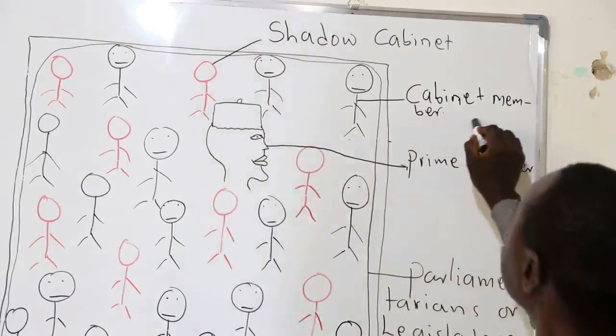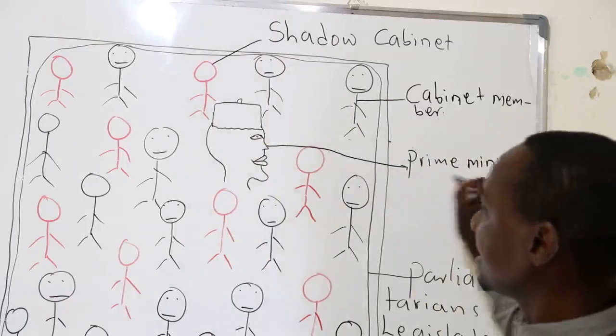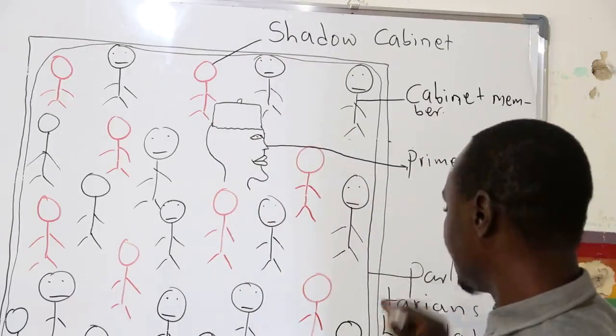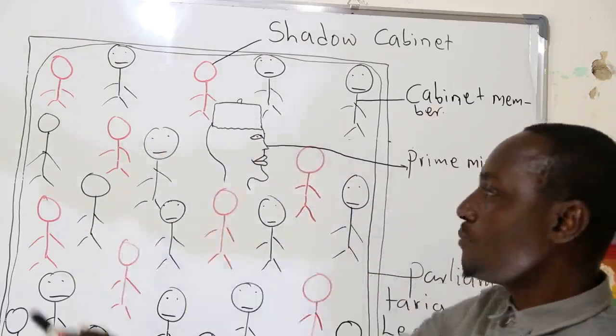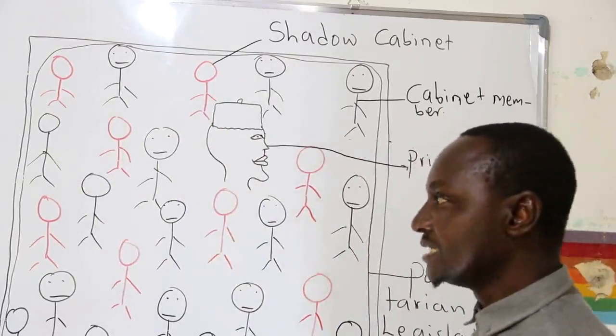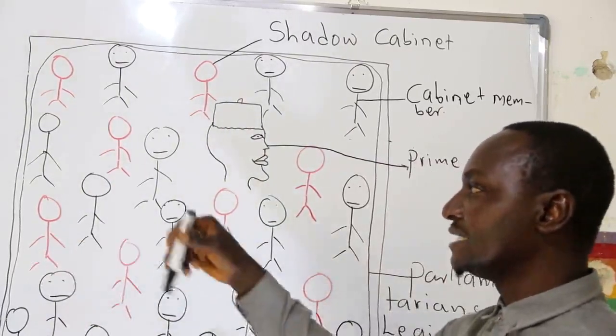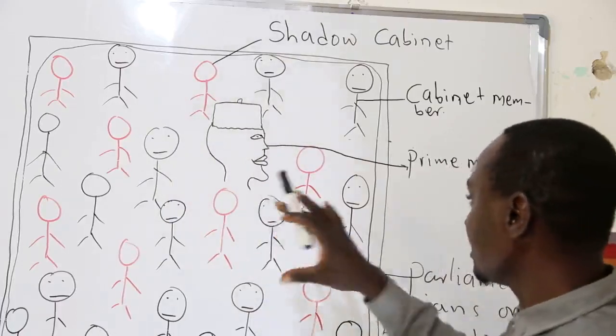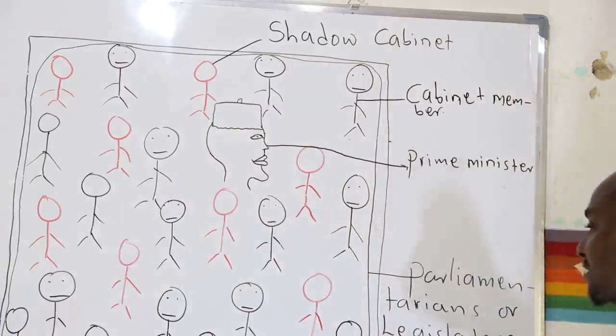Then we have the prime minister. The prime minister is normally elected from the political party with the highest number of votes in the parliamentary system of government. When we define the parliamentary system of government, you understand what I'm trying to say. But let's just get it this way. I'll be making reference to this.